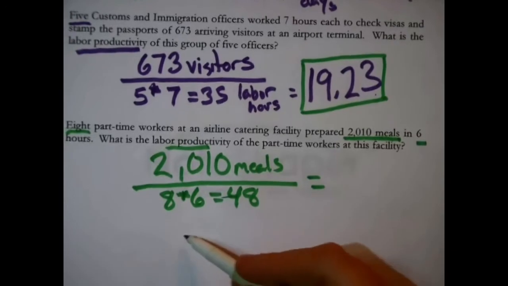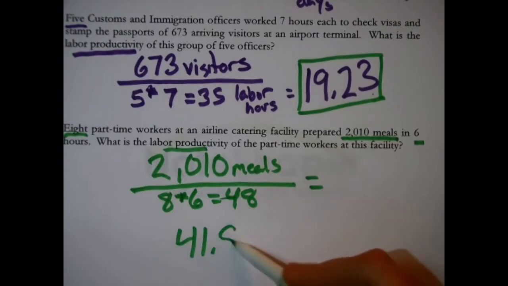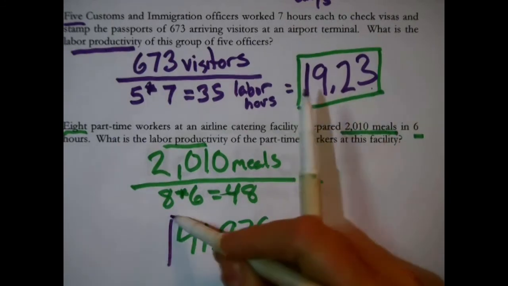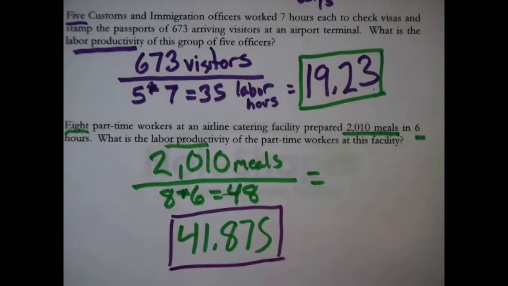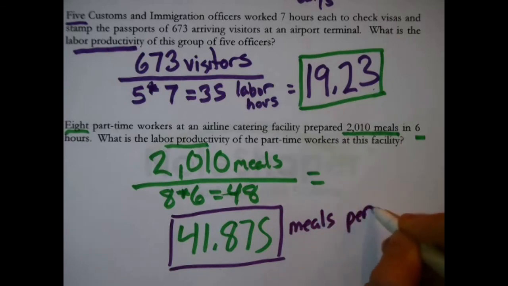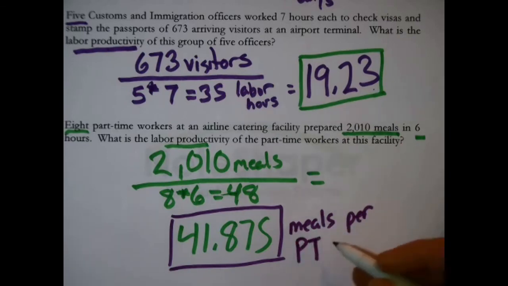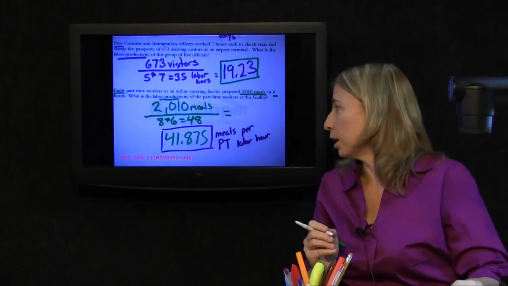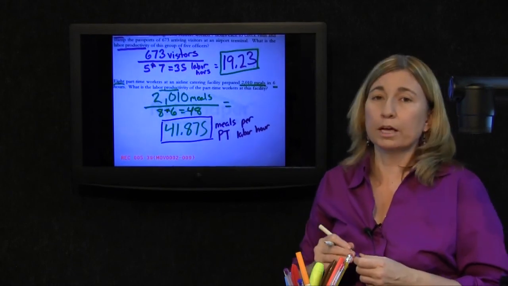I get 41.875. That's the labor productivity measure. Although, again, it has meaning. What is that? That is meals per part-time labor hour, because that's what the denominator was, part-time labor hours.